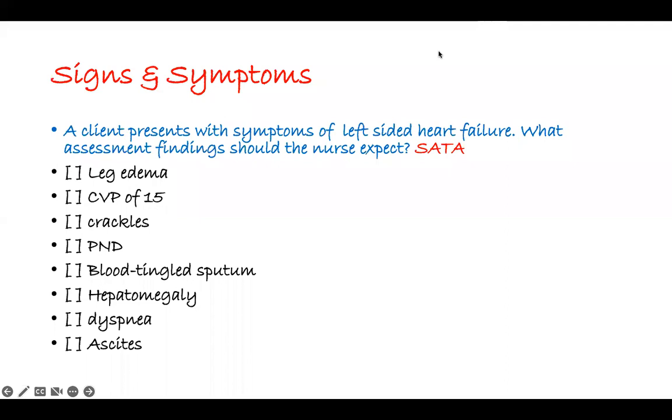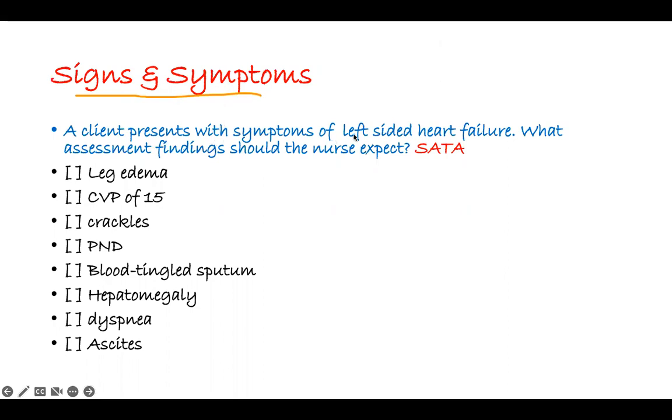Now, we know the pathophysiology, we know the problem, we can deduce signs and symptoms. What is the patient going to show? If I know what is causing the problem, that's the pathophysiology and the disease process, I can deduce what kind of symptoms they will show.